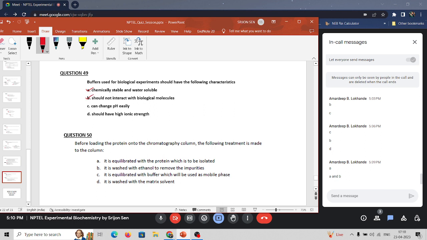So the last question for the day: before loading the protein onto the chromatography column, the following treatment is made to the column. It is equilibrated with the protein which is to be isolated, washed with ethanol to remove impurities, equilibrated with buffer which is used as the mobile phase, or washed with the matrix solvent. Before loading the protein into the chromatographic column, what should you do?